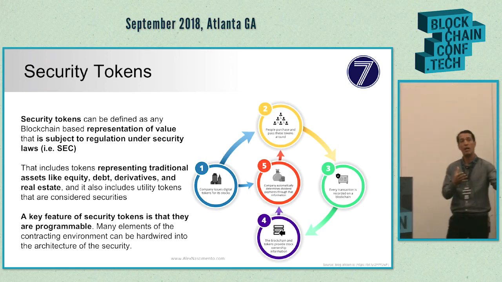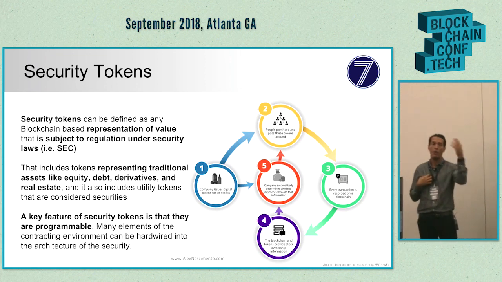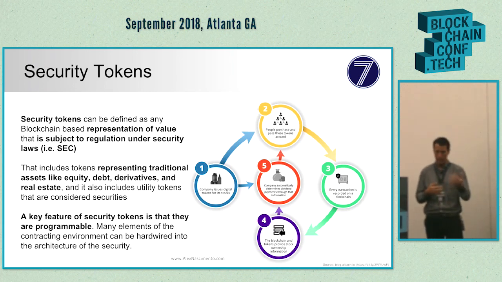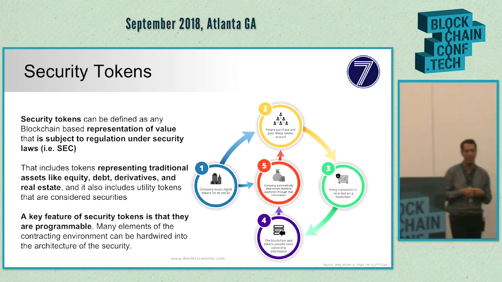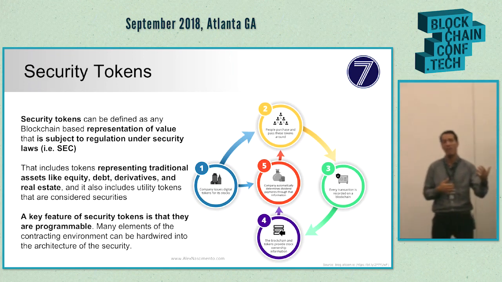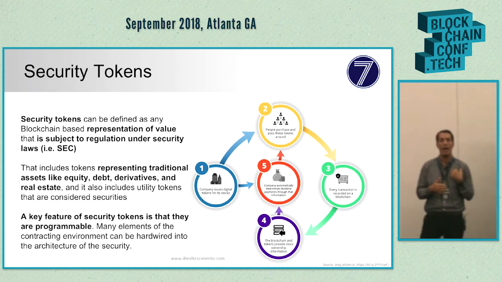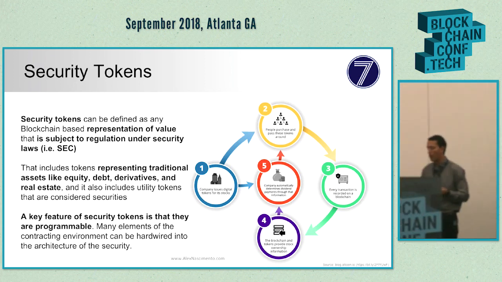So if I tell you that you're going to invest in my company, and throughout the life of my company, as long as you hold that token, I'm going to pay you back 25% of profits, which is actually our project, a little bit of a shameless plug here of our fund, we pay back 25% of profits. You're going to get that 25% annually automatically. And there's nothing I could do to change that, and there's nothing you could do to change that because it's immutable and built into a smart contract.